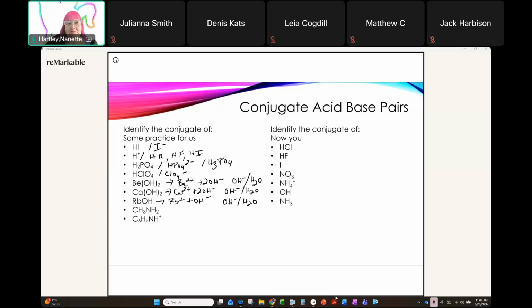That was fun. Now we get to some stuff that might look a little bit different. When I talk about CH3NH2, I can tell from the way that this is written that this is not an acid. Now, why do I say that?